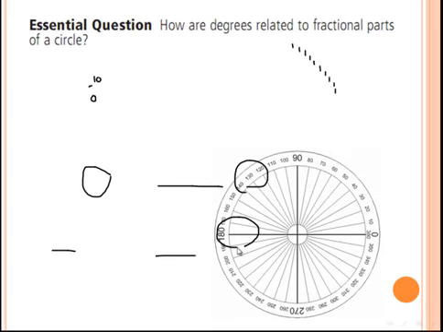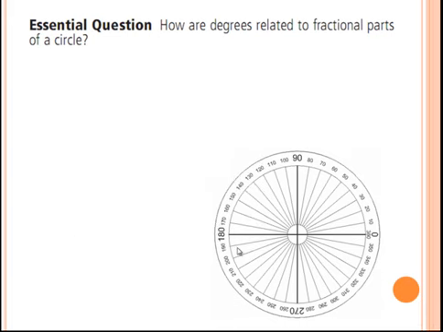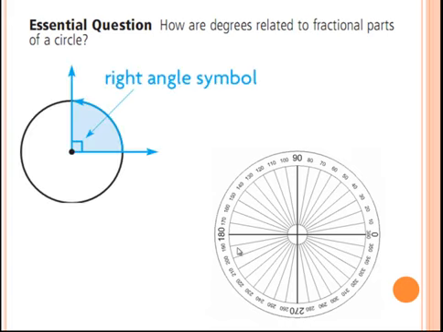Alright. Do you remember our essential question? How are degrees related to fractional parts of a circle? Let's find out. Do you remember this part? Which fraction should I represent? The shaded part.